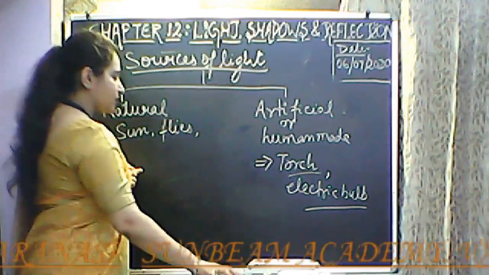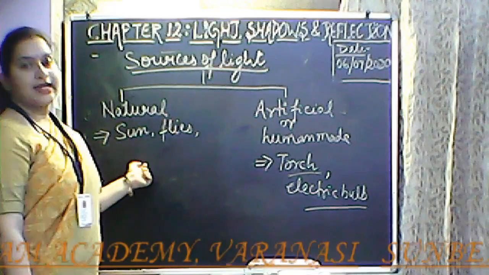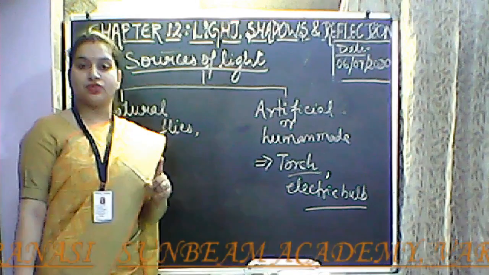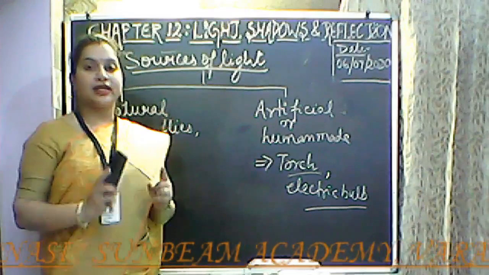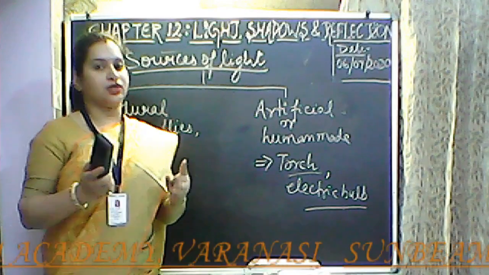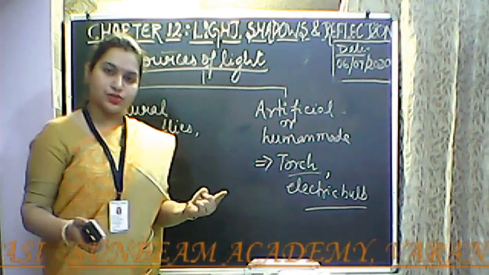Now apart from this division, there is one more division depending on the object that can produce light and the object that cannot produce light.